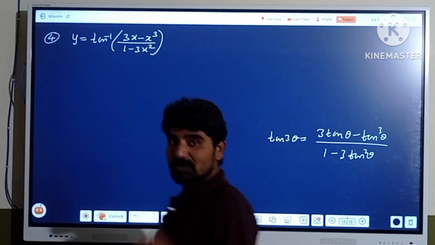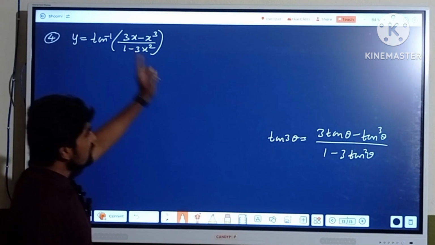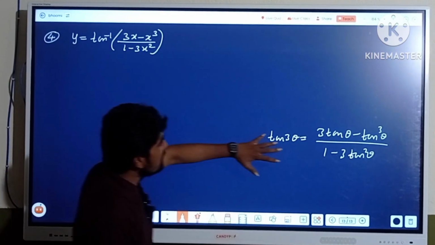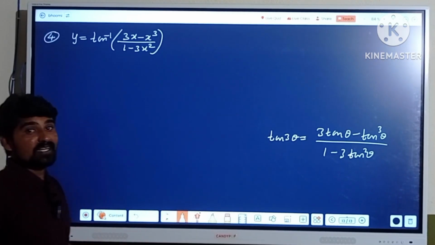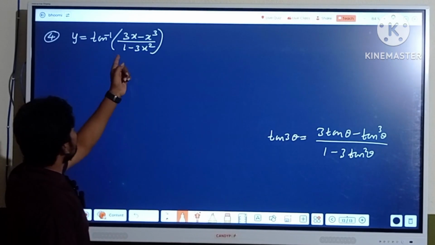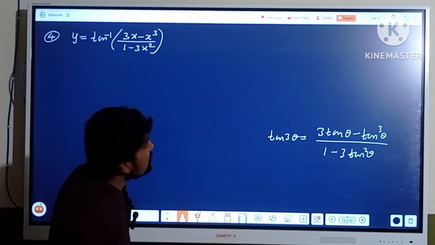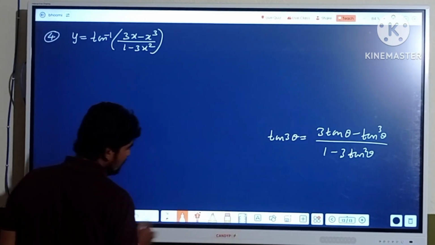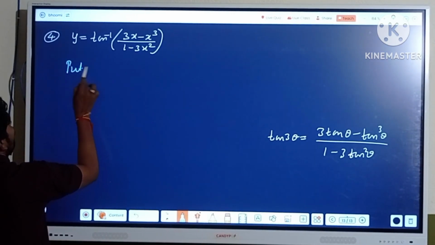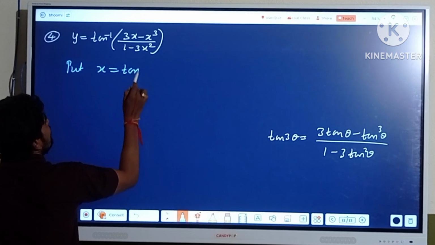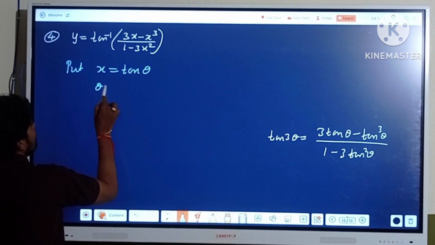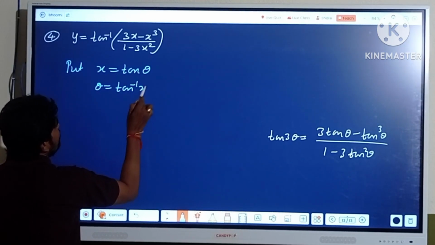If we use the substitution x equals tan theta, the term inside the bracket takes the format of the tan 3 theta formula: 3 into tan theta minus tan cube theta divided by 1 minus 3 tan square theta. So to write the simplest form of this inverse trigonometric function, put x equal to tan theta. If x is tan theta, then theta is tan inverse x.